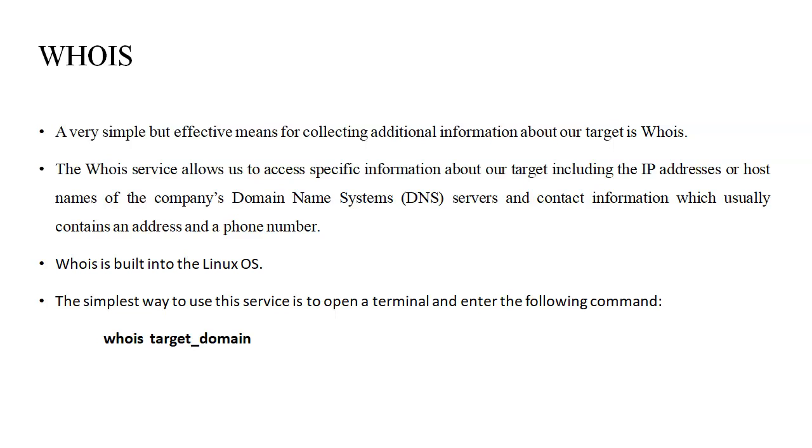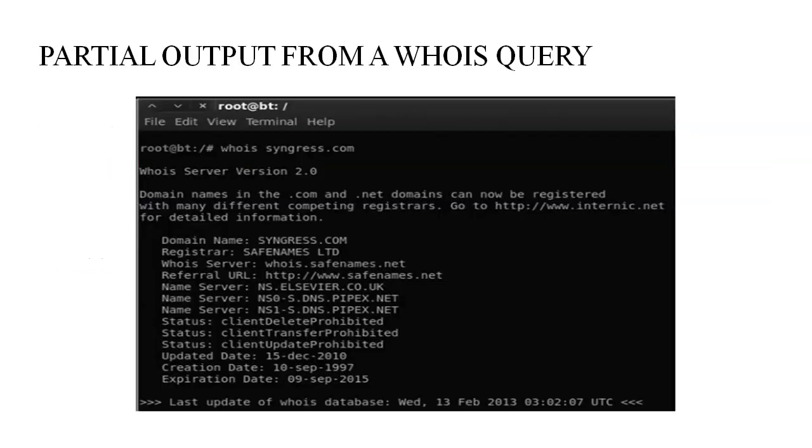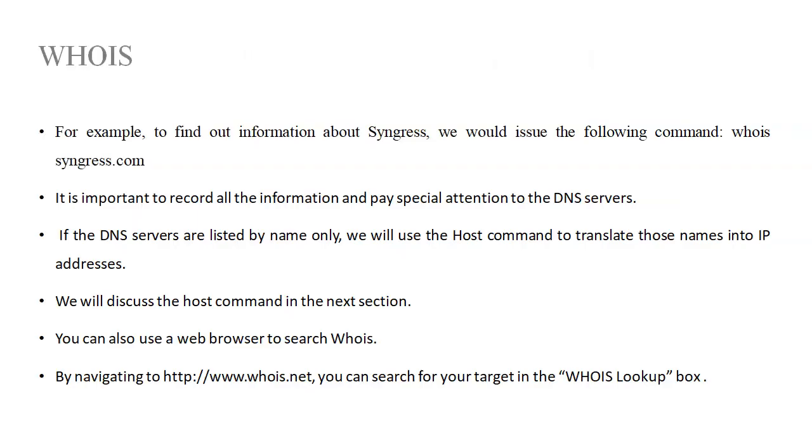The simplest way to use this service is to open a terminal and enter the following command: whois space target underscore domain. This is the syntax. This is partial output from a Whois query.